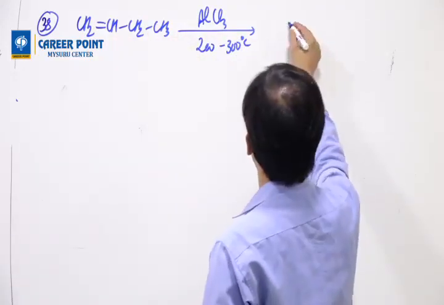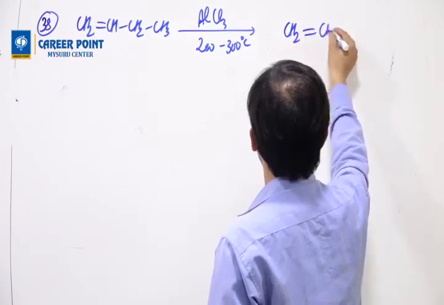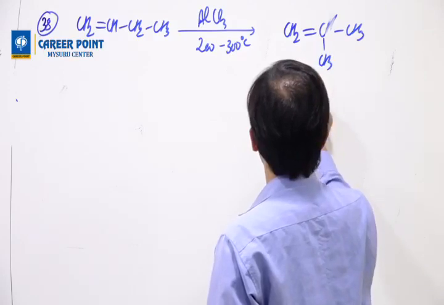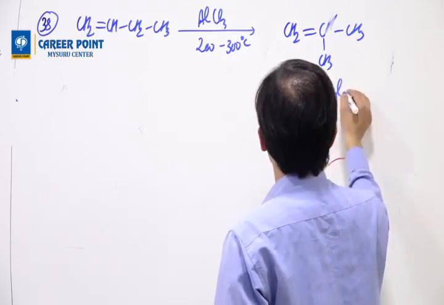This is going to form a branched chain, CH2, CH, CH3, known as isobutylene.